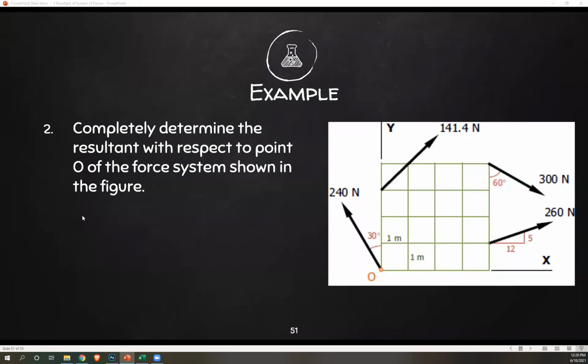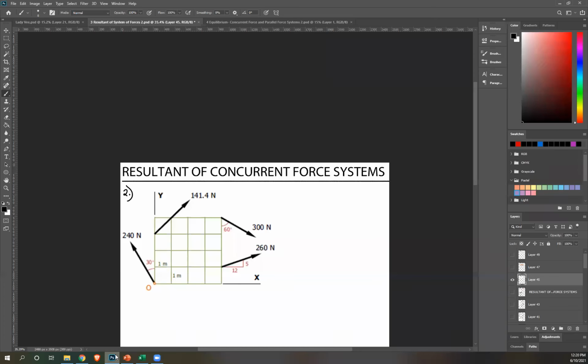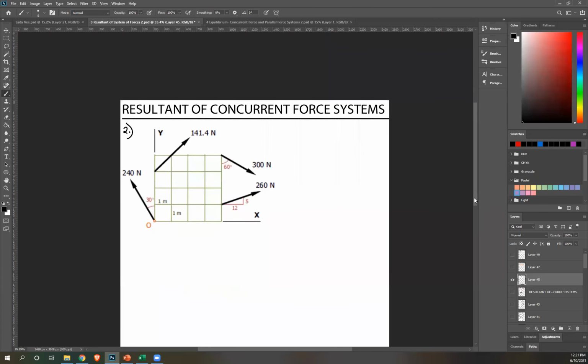We have another matrix or grid system. That means whenever we have a diagonal force, we need to get its slope if the angle is not given. As you can see, here the angle is given, here the slope is already given, angle is given. The only thing we need to solve for now is this.